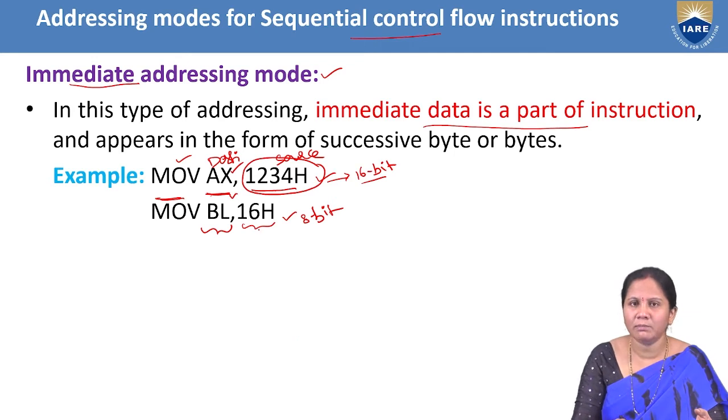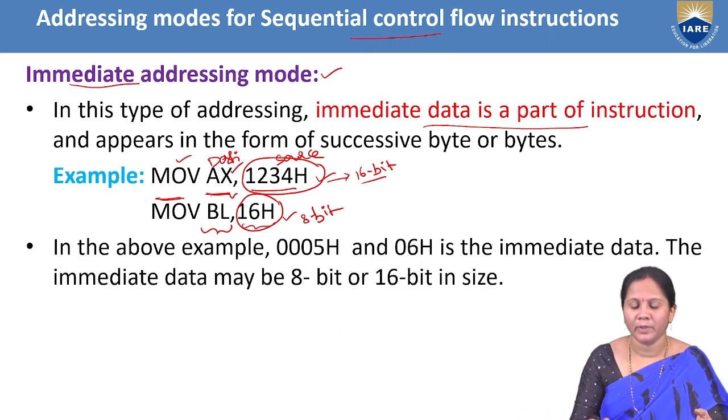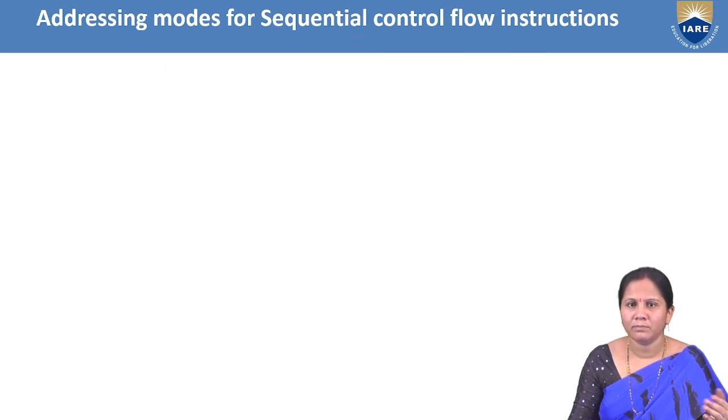This 16 is immediate data which is specified as a part of an instruction, and it will be moved into the BL register. So in the above examples, the immediate data will be moved into all the required registers.